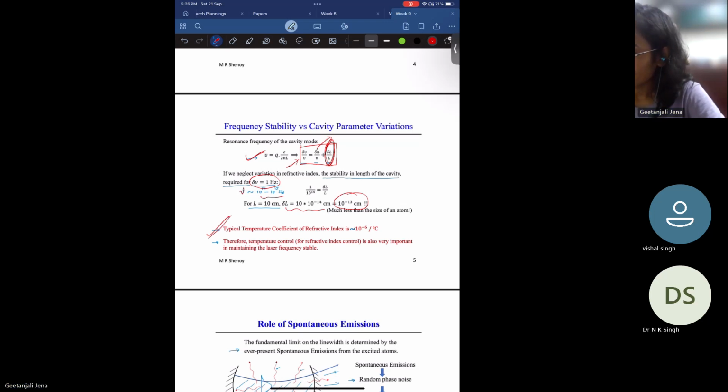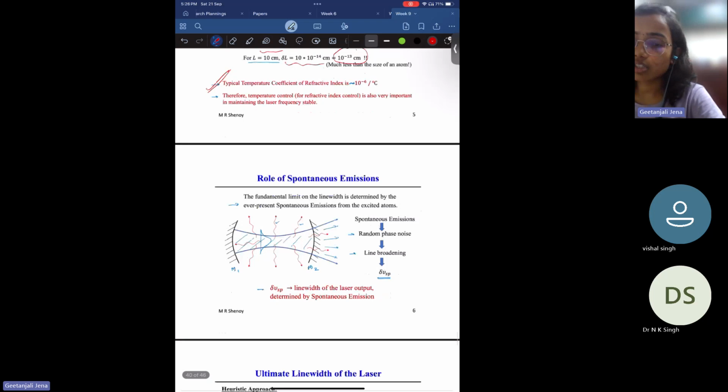Now we will see how spontaneous emission affects the laser line. If you recall, spontaneous emissions are not directional, so they are emitted along various different directions. If this spontaneous emission couples to one of the cavity modes, it will change the phase relationship.